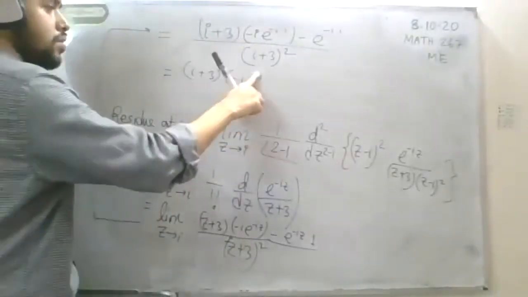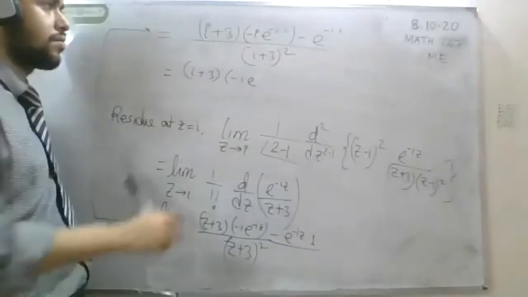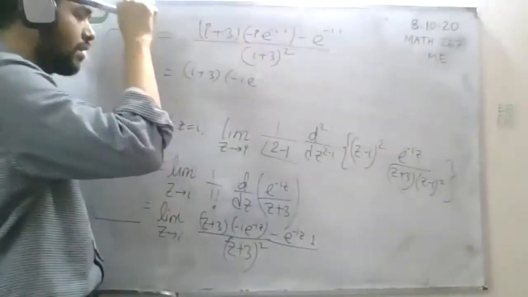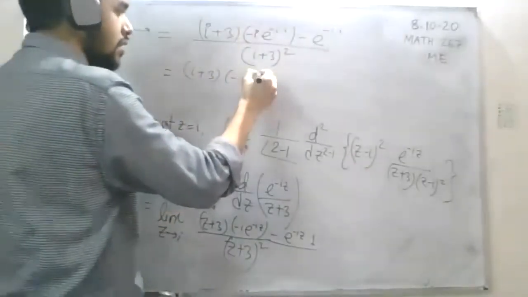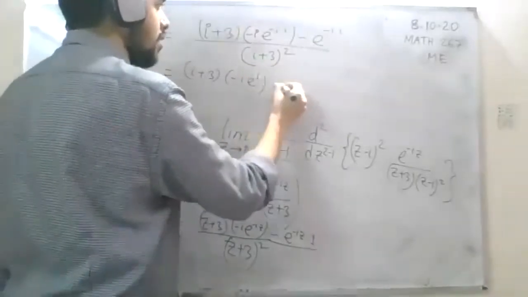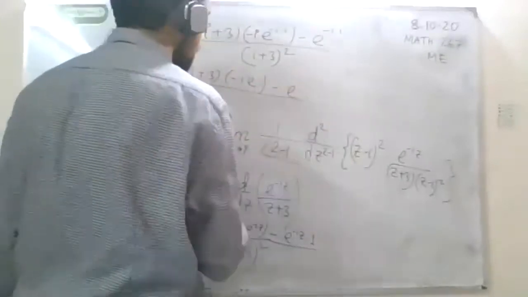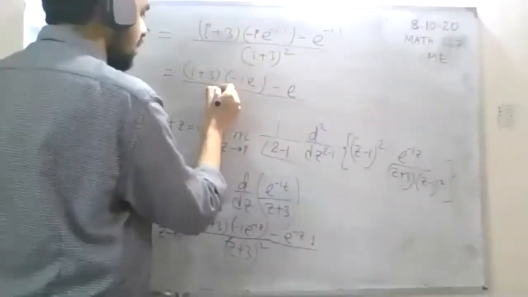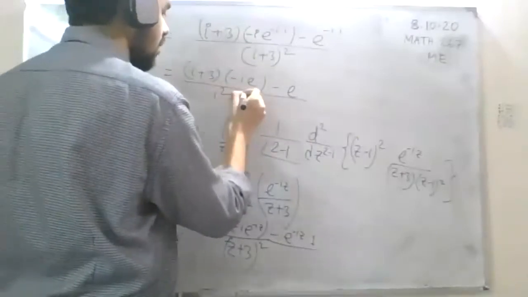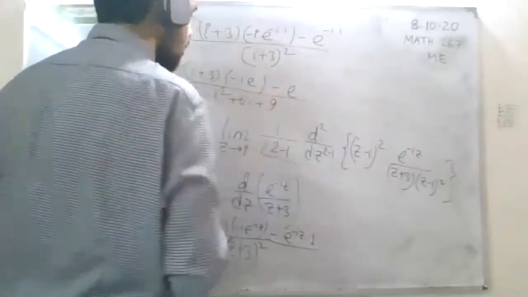Okay, so this is i square means minus 1, and for minus and minus 1 into, you can get only 1. Okay, and here you can also say that this is e, and here you can say i square plus 6i plus 9. Okay.